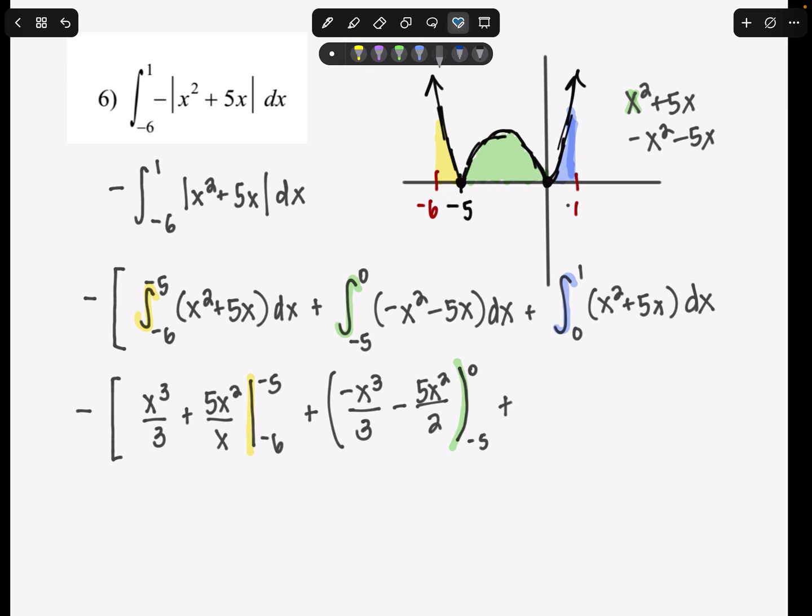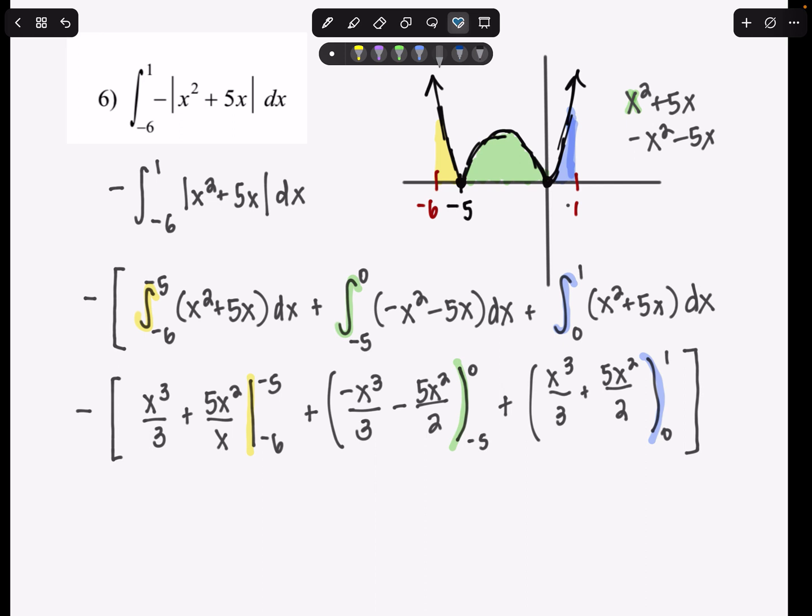And then I've got plus x cubed over 3 plus 5x squared over 2, evaluated from 0 to 1. And then I'll end it all with that last bracket.